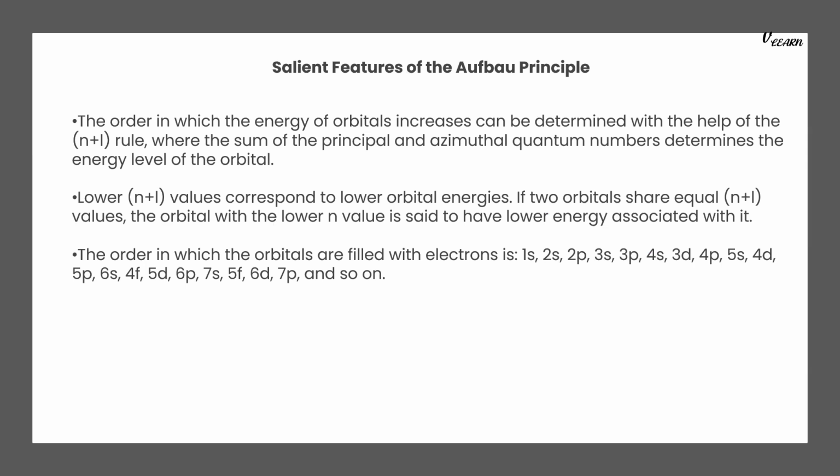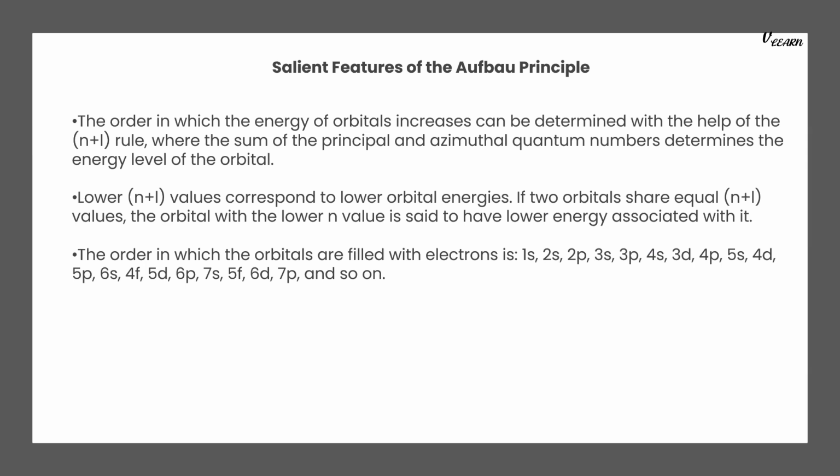The order in which the energy of orbitals increases can be determined with the help of the n+l rule. The n+l rule is nothing but the sum of the principal and azimuthal quantum numbers, and a lower n+l value corresponds to a lower orbital energy. If two orbitals have the same n+l value, we have to consider the n value.